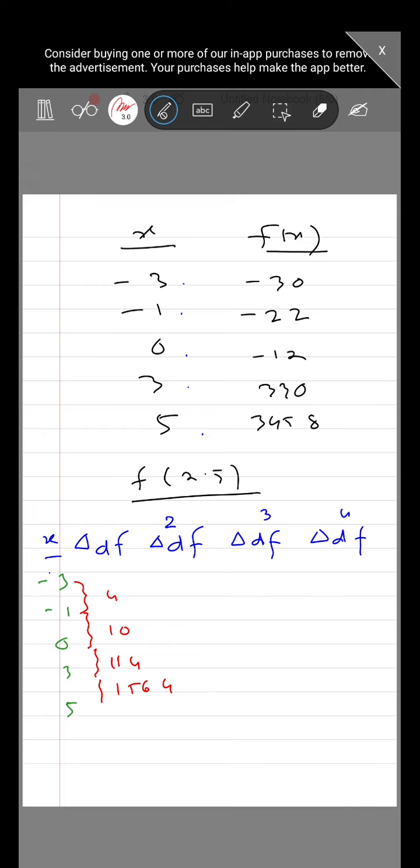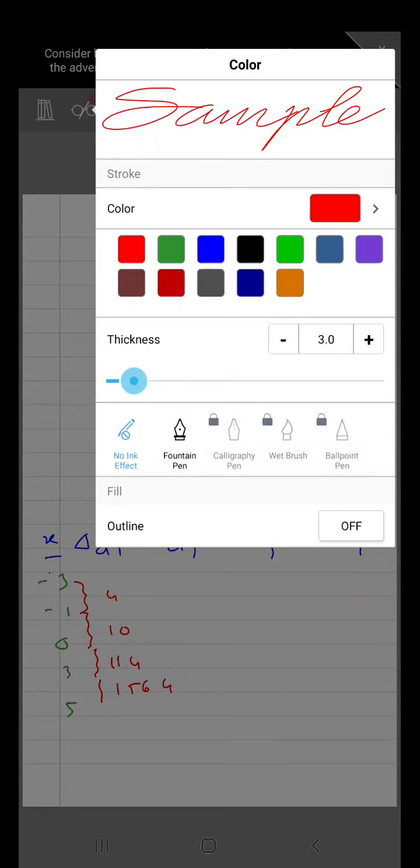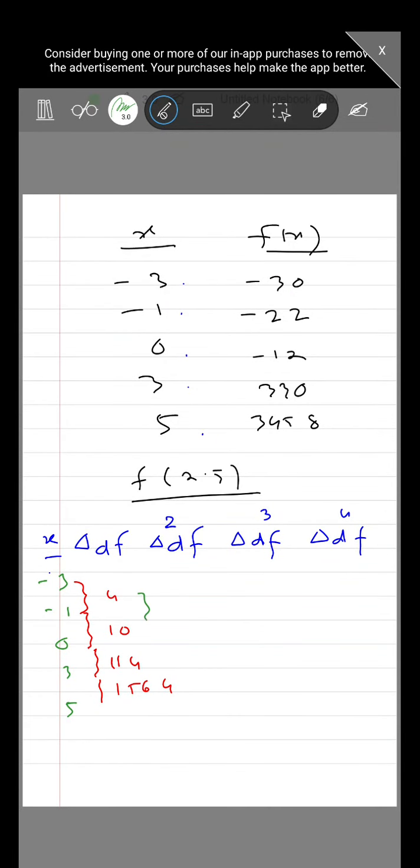And similarly, for 4 and 10, we get the value 2. For the next, we get the value 26. And for these two, we get the value 290. For these two values, we get the value 4.